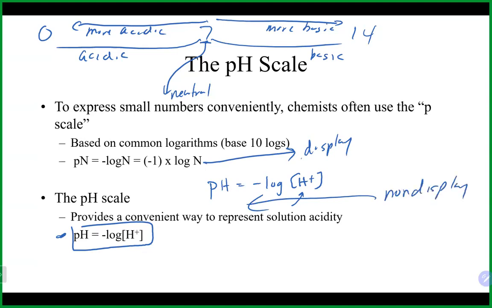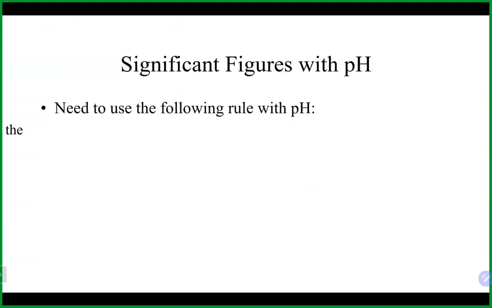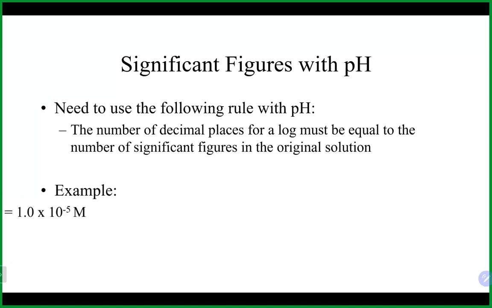So let's talk about pH and significant figures, which is everybody's favorite. The number of decimal places you should have in your pH value should equal the number of significant figures in the original solution.